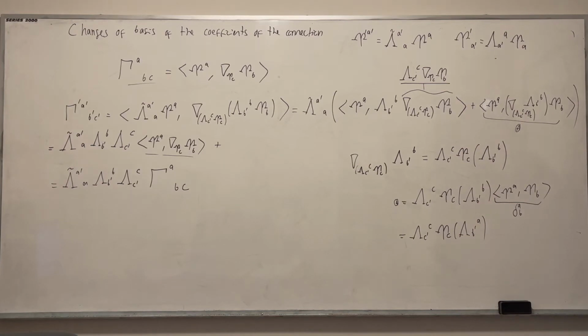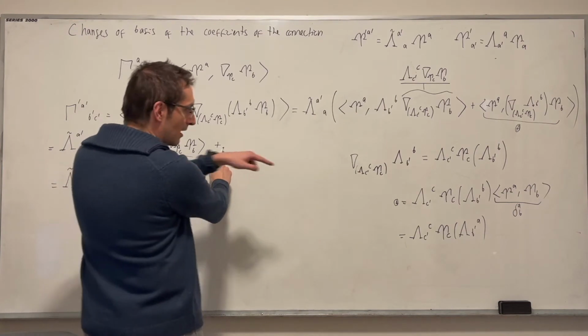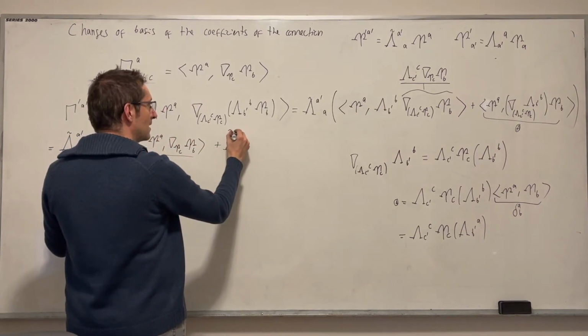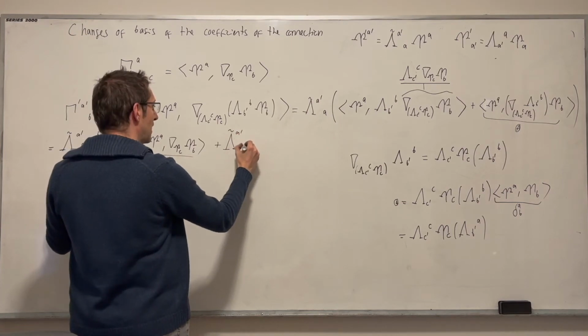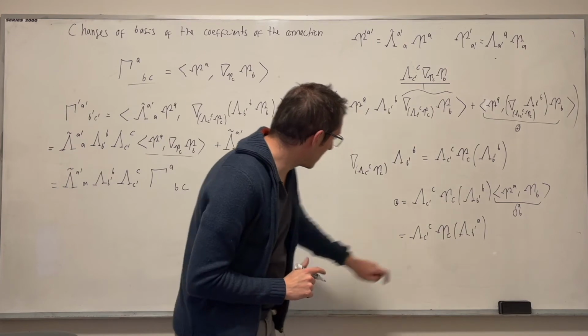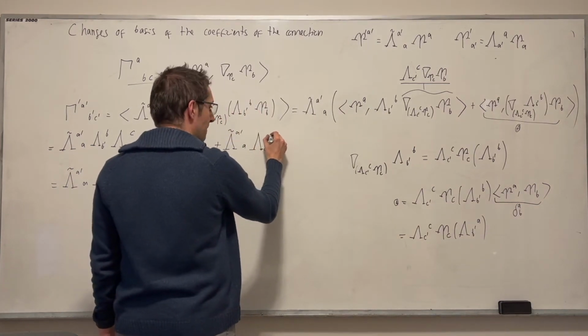All right, so knowing that, let's substitute. This is the whole element here. Let's substitute another missing product in here, and let's see what we get. All right, so plus, let me add this term. So I have the lambda tilde a prime a. Good. Then I also get lambda c prime c.